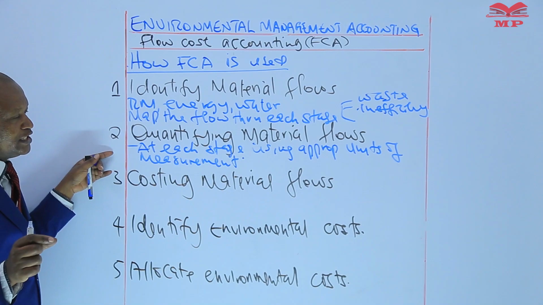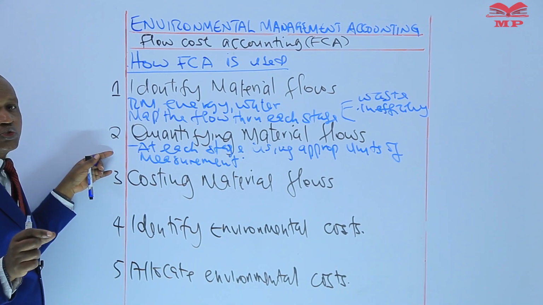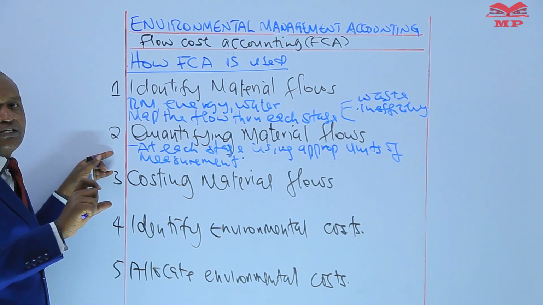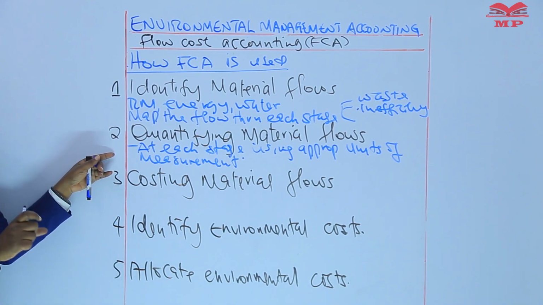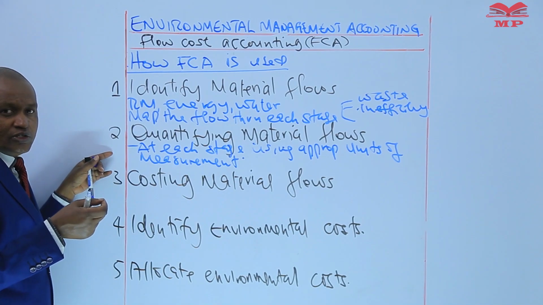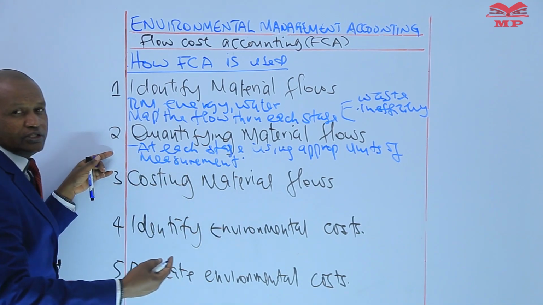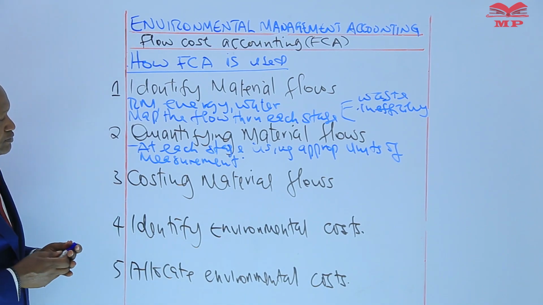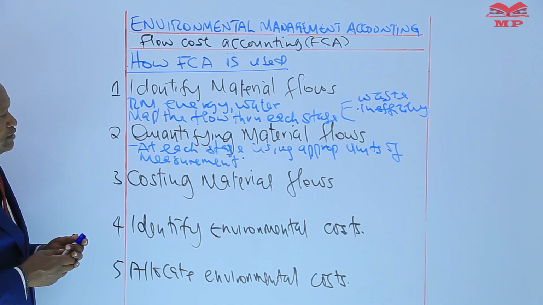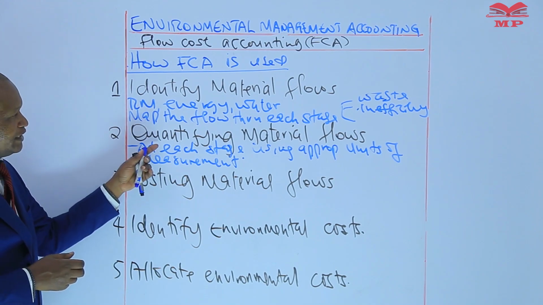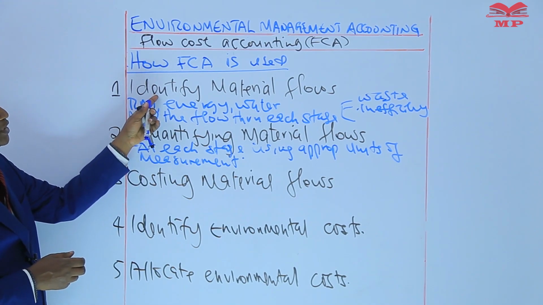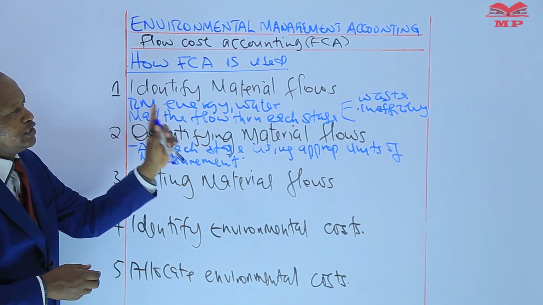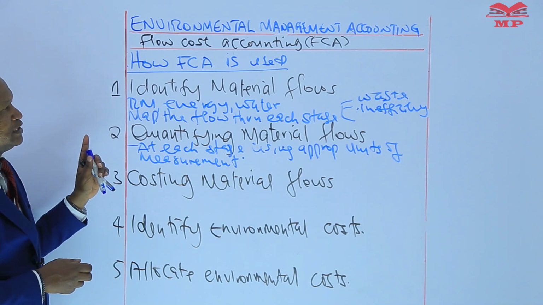Then at this stage, the accountant ought to analyze the data to identify areas where material usage can be reduced or where alternative materials with lower environmental impact can be used. Do you understand? After quantifying, the accountant identifies the points of wastage and inefficiency.